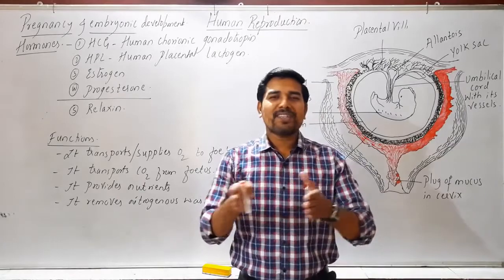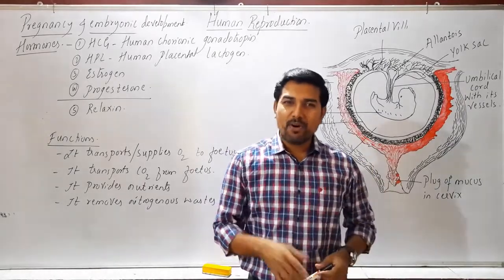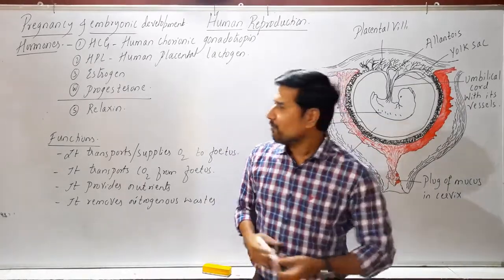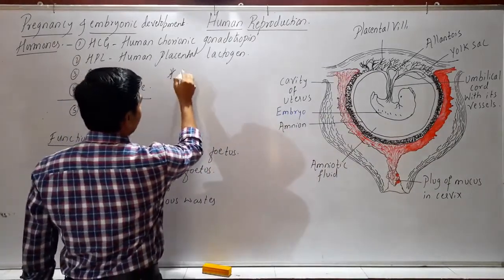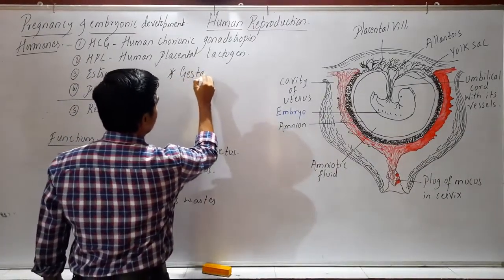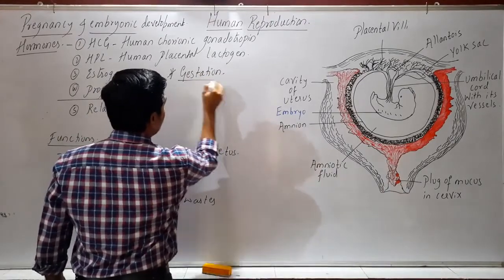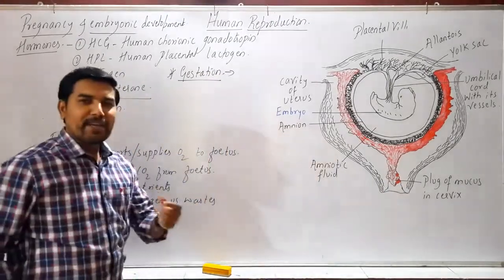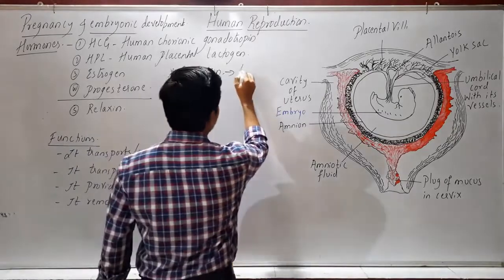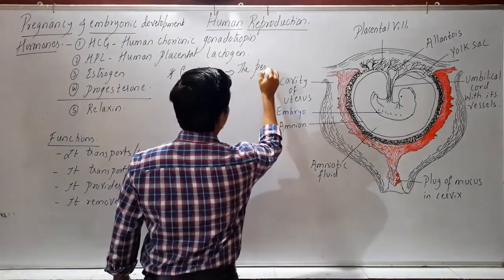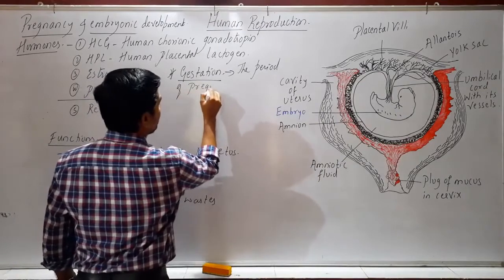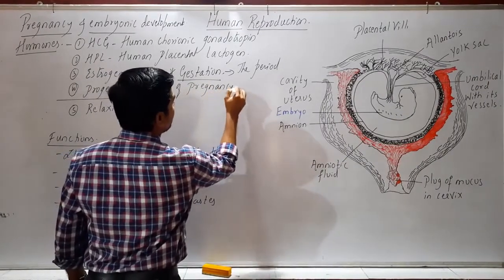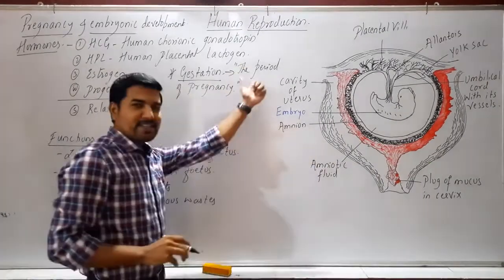Then what is the pregnancy period, or what do we call the gestation period? We use a term called gestation. Gestation means the period of pregnancy. So the period of pregnancy is termed the gestation period.